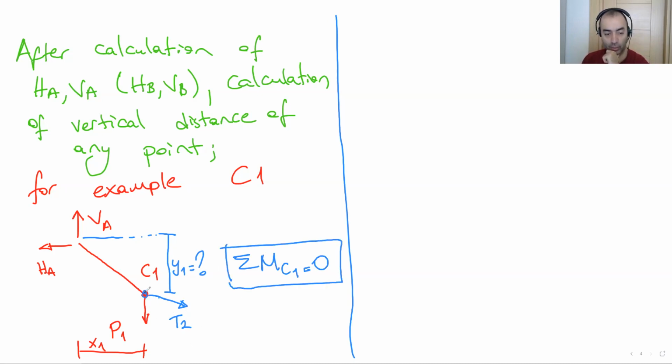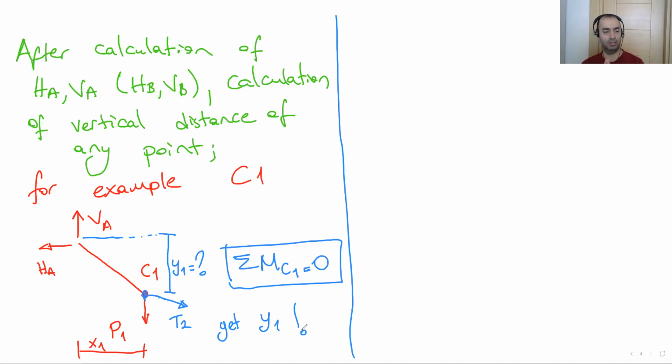For this point, if we write total MC1 equals 0, we can get Y1 from this equation. So at the end of the day, we are not doing a complicated calculation.